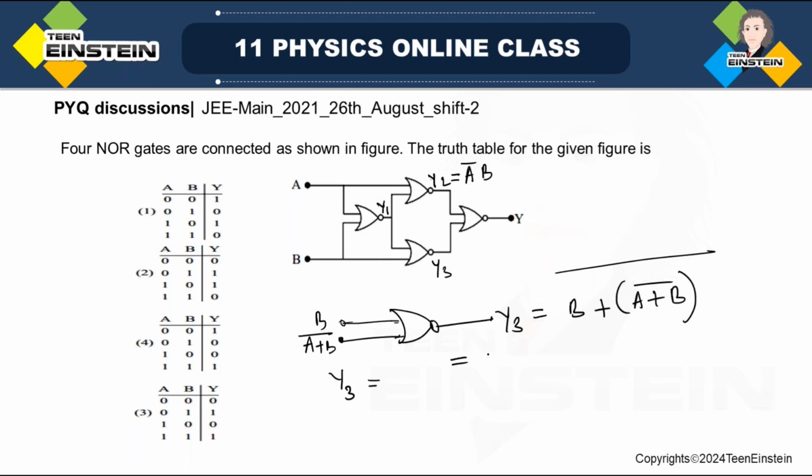Then we get B bar and A or B bar, further bar of that.